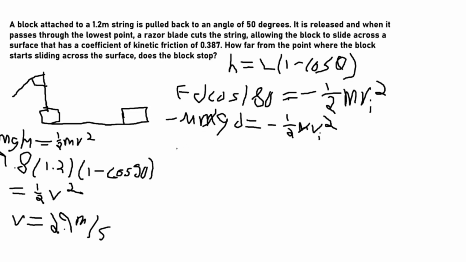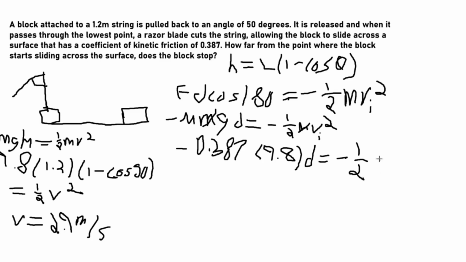Now we just have to plug in the negative 0.387 times 9.8 times the d, which we are looking for. It's going to equal negative 1/2 times the velocity initial, 2.9 squared. Now it's just simply solving.